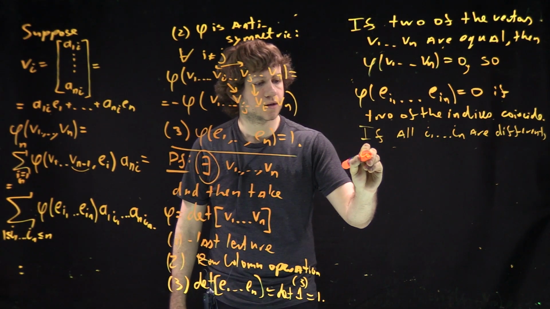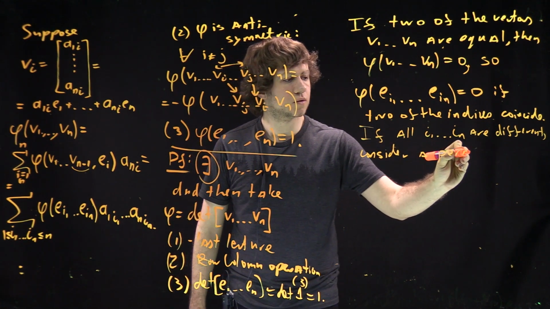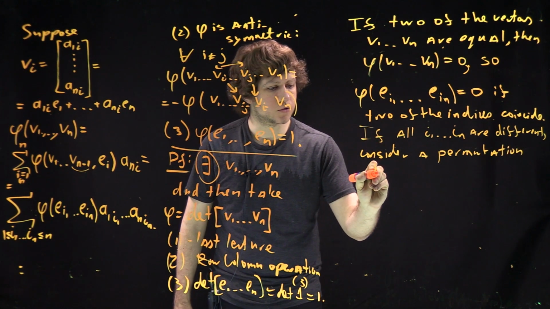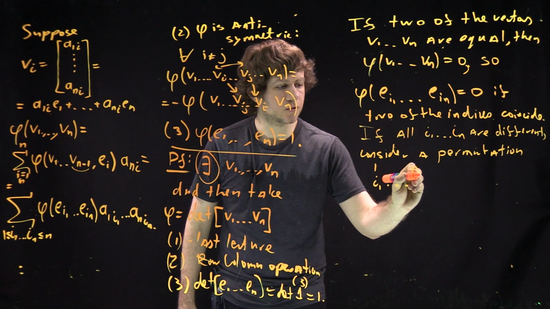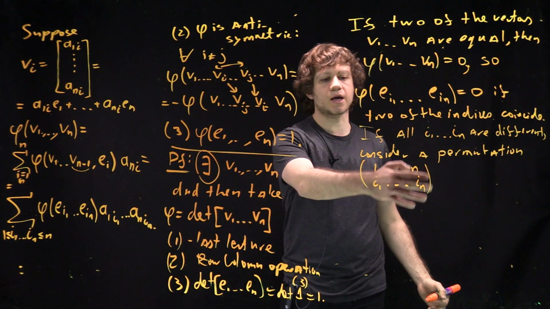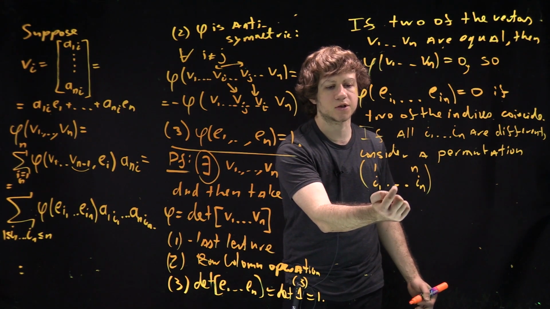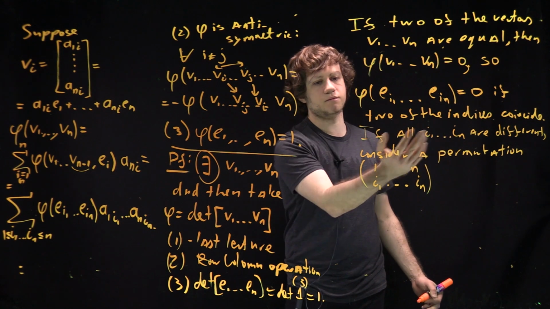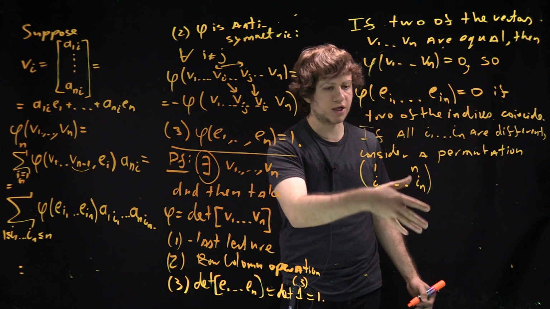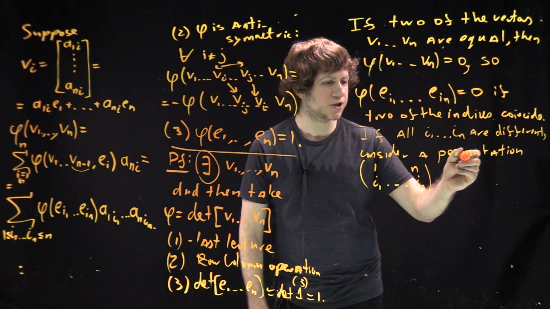we can consider a permutation: 1 goes to i1 and n goes to in. This is a permutation because they are all different. So we have an injection from a set of n elements to itself, and since an injective map from a finite set to itself is also surjective and bijective, this is a permutation.